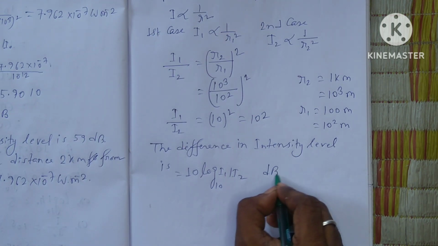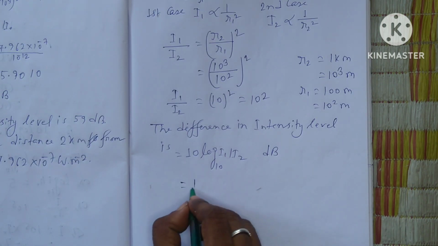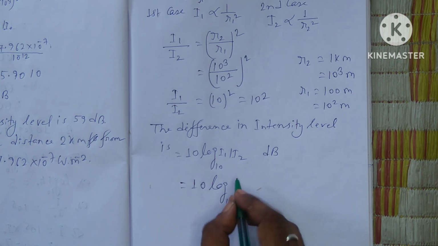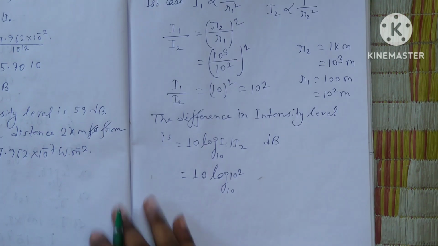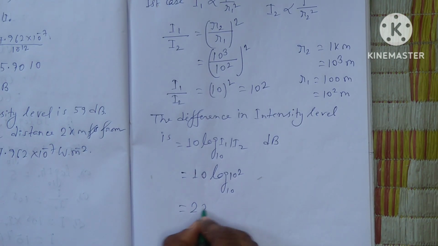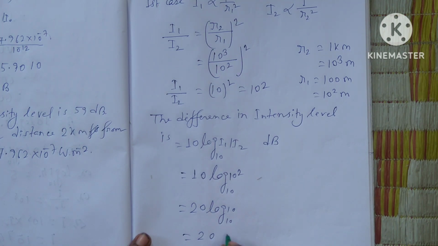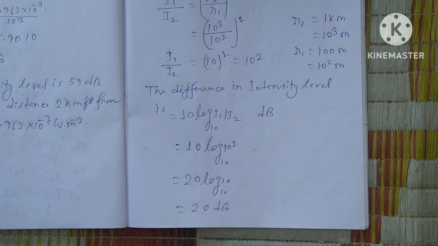This is in units of dB. So 10 log, this is the value of 10 to the power 2. So this is 20 log 10 base 10. So we can write 20 dB.